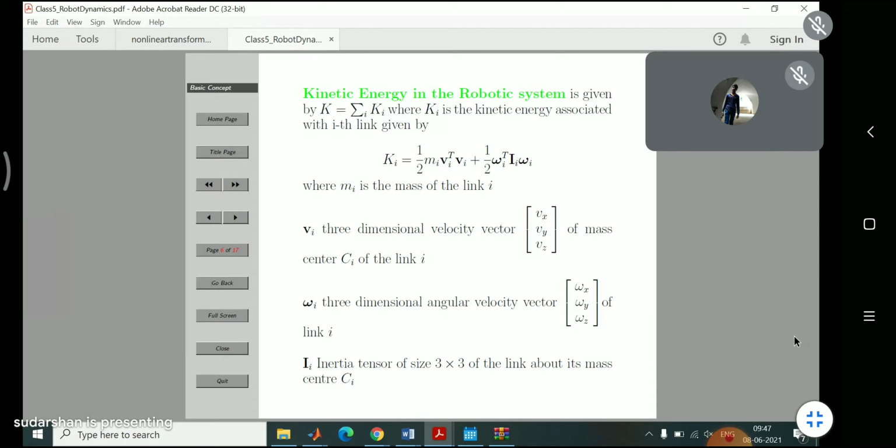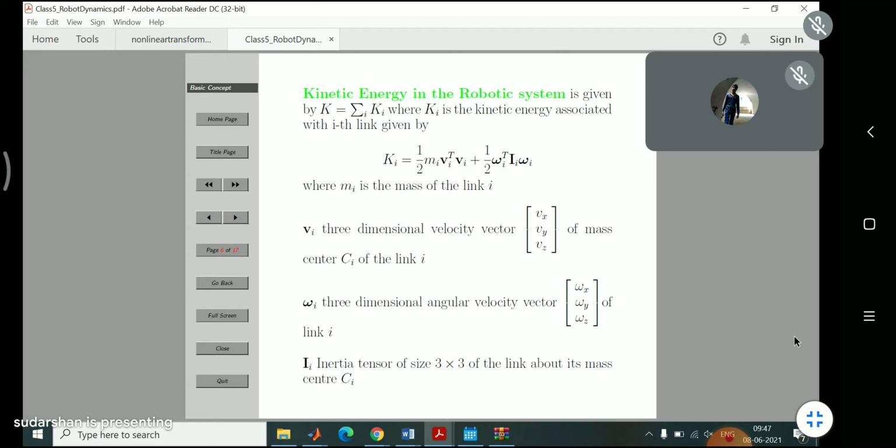That is given by 1 by 2 mi, the mass of the ith link, times the linear velocity vector Vi transpose Vi, plus 1 by 2 omega i transpose Ii omega i.